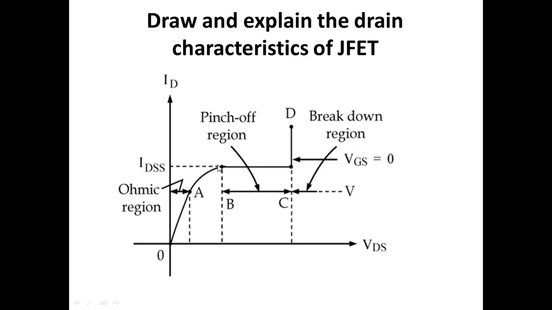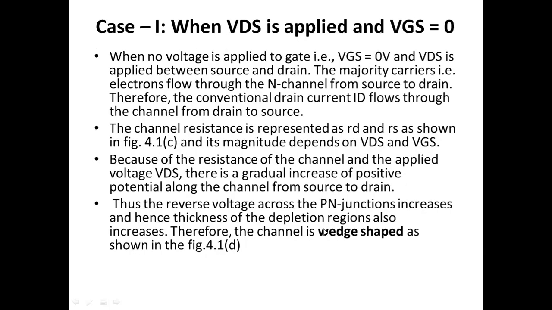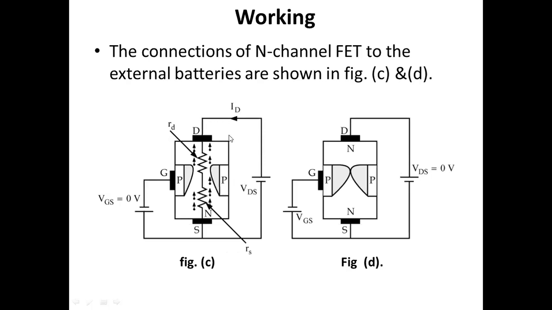This is the AB region. At point B, the channel width is reduced to minimum. As we keep increasing VDS, the channel width reduces to a minimum value and is known as pinch off.